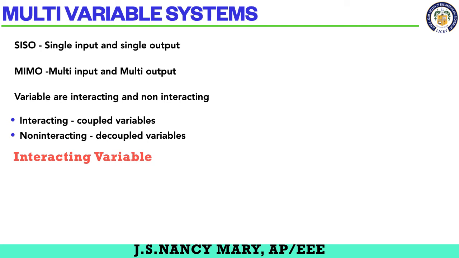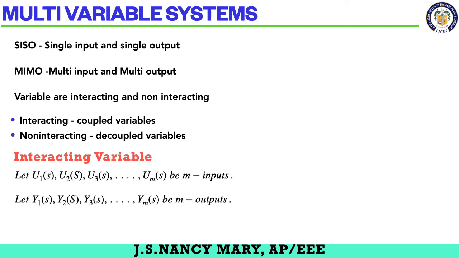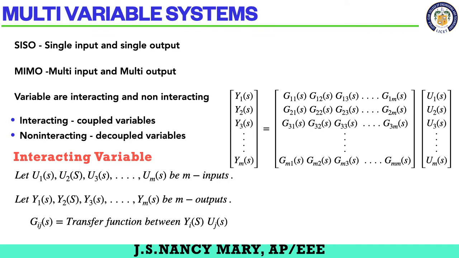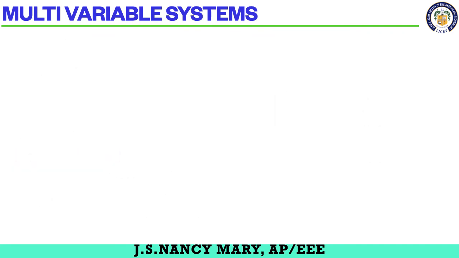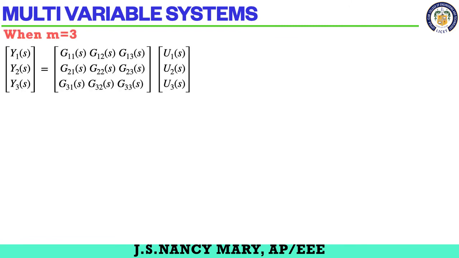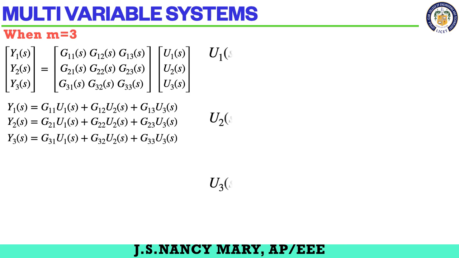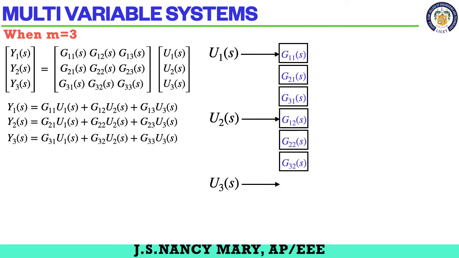So for the interacting variables, name u1, u2 as the inputs, y1 as the output, and G will be the transfer function between the input and the output. So I could write my equation as output equal to input into transfer function. Now suppose m is equal to 3, in the sense you could write a 3 cross 3 matrix and the equation will be written like this. If I'm talking about the interacting variables, that is the coupled variables.